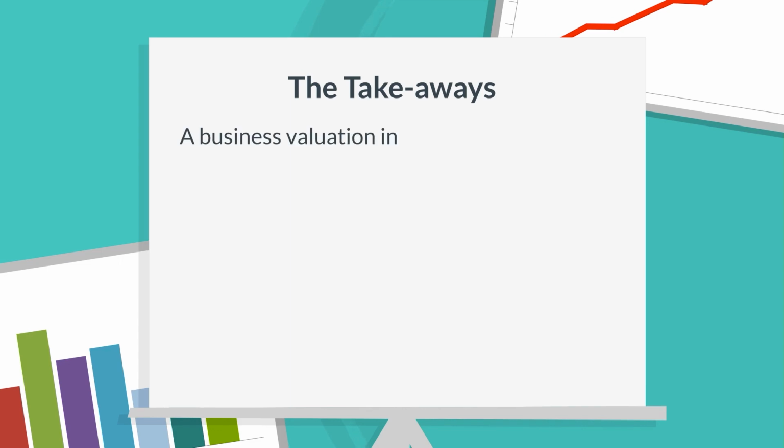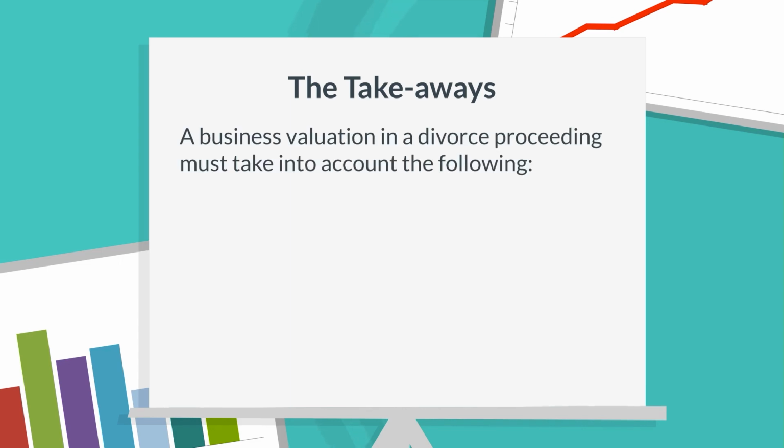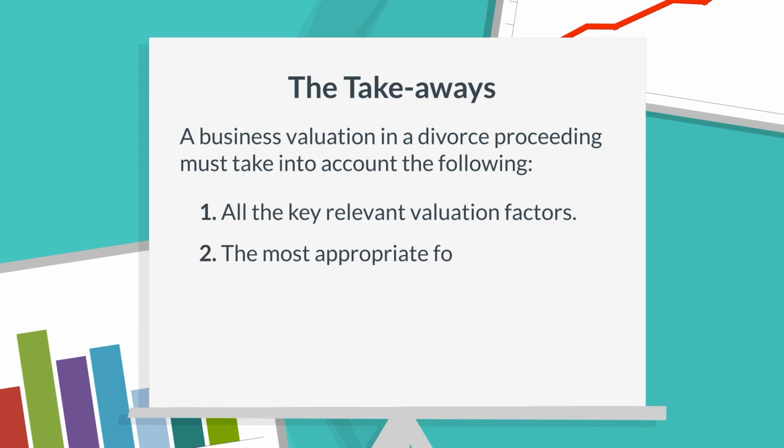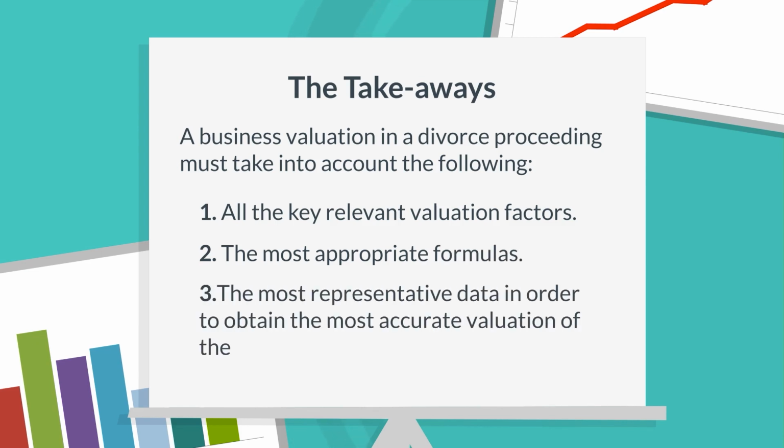Takeaways. A business evaluation in a divorce proceeding must take into account the following. 1. All the key relevant valuation factors. 2. The most appropriate formulas. And 3. The most representative data in order to obtain the most accurate valuation of the business.